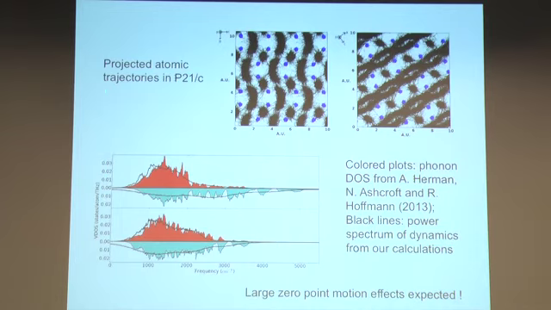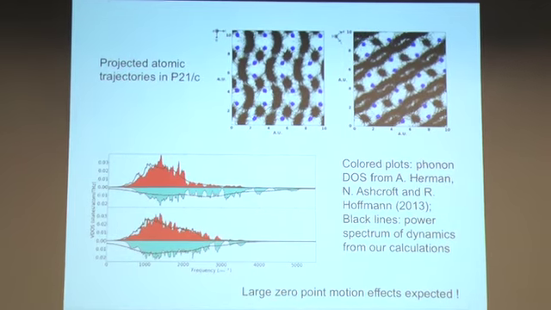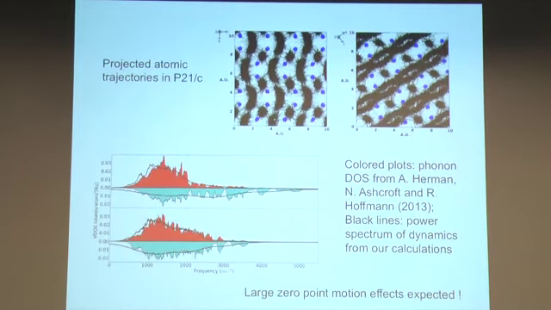So these are trajectories in this superionic system. You see that the oxygens remain at their sites, but the hydrogen or the proton can actually move around, and they are connected all over the system.